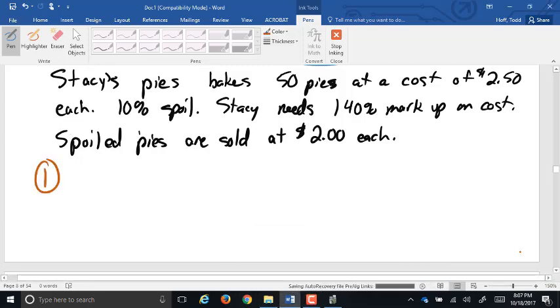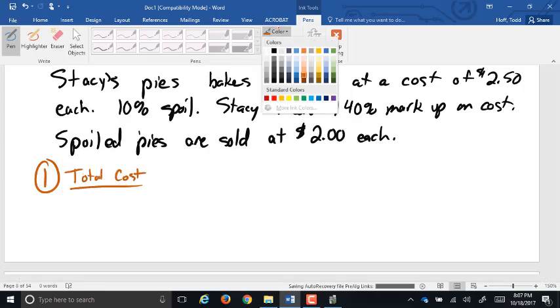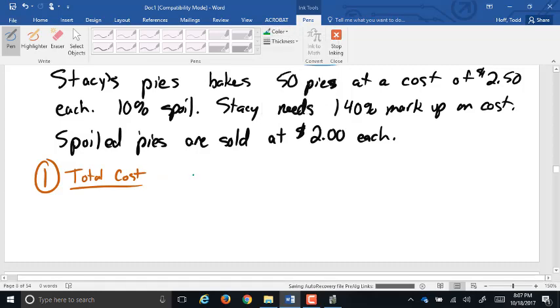So first step, total cost. How do we find the total cost? $2.50 each times 50 pies is $125 total cost. So I'm going to pause. Any questions on how I got the total cost?